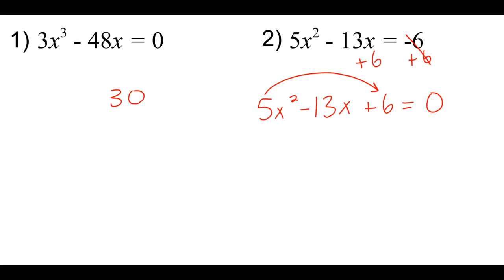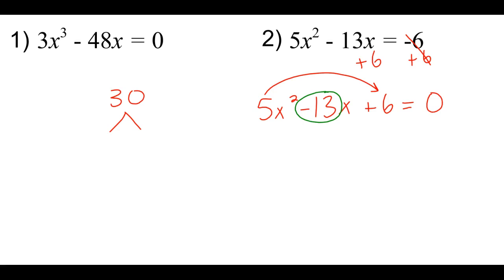Now we have to find the factors of 30. So something times something is 30. I like to make a little factor tree here. But those same 2 numbers have to add up to the b value. Now, that doesn't work, because negative 15 times 2 is negative 30.